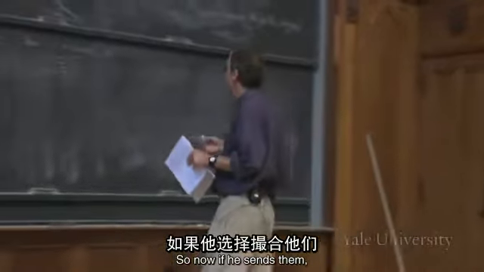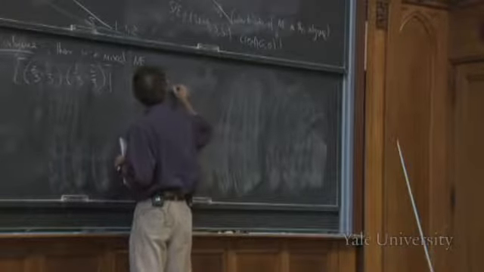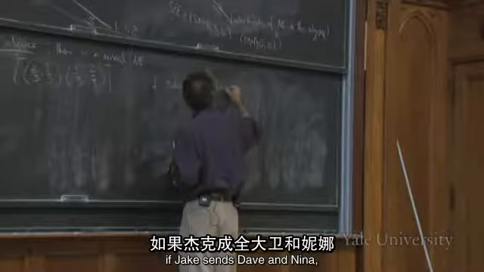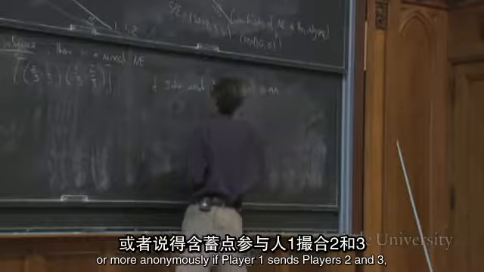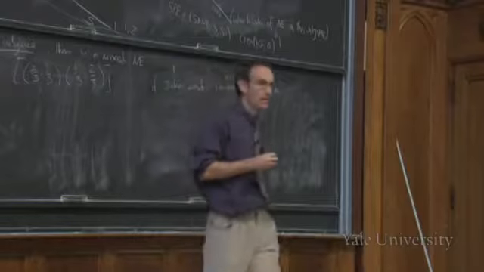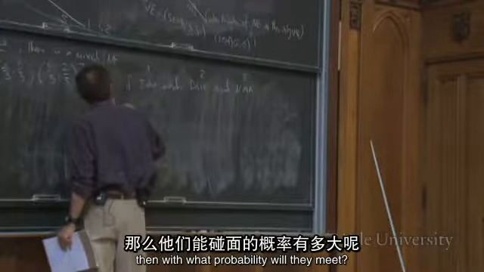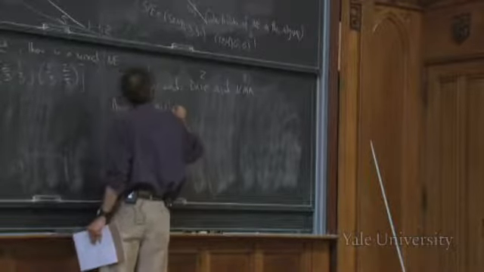So now, if Jake sends Dave and Nina, or more anonymously, if player 1 sends players 2 and 3, then with what probability will they meet?